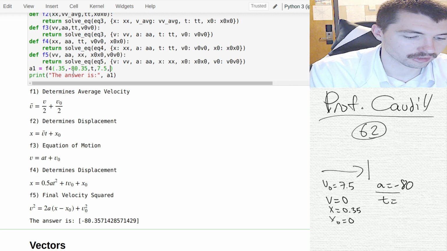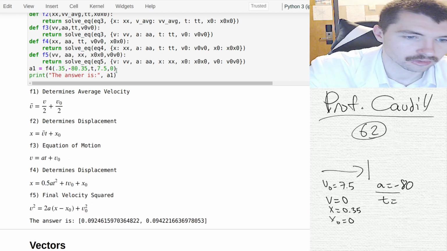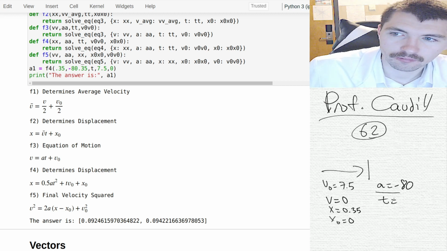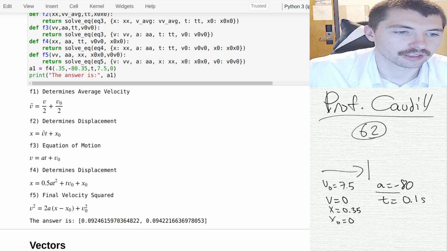X naught was 0, so our answer is a tenth of a second. A tenth of a second.